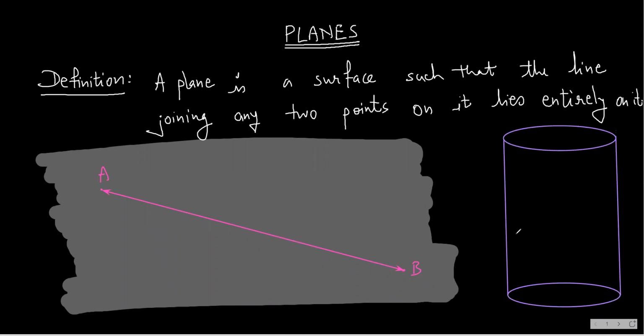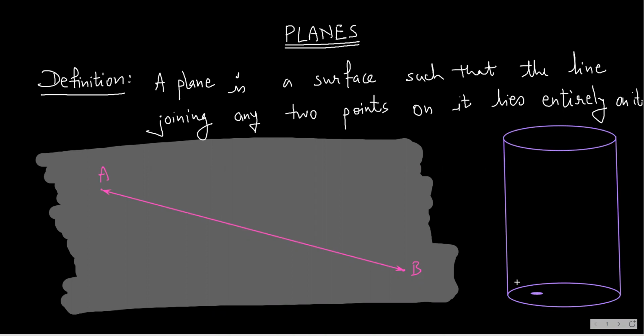Now you know that there are a total of three surfaces in a cylinder.